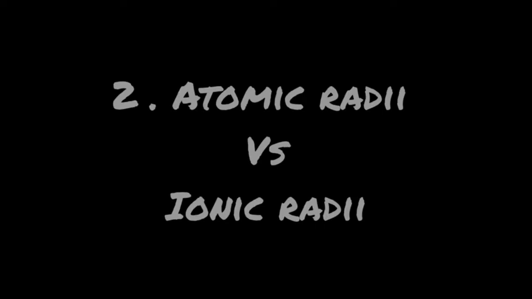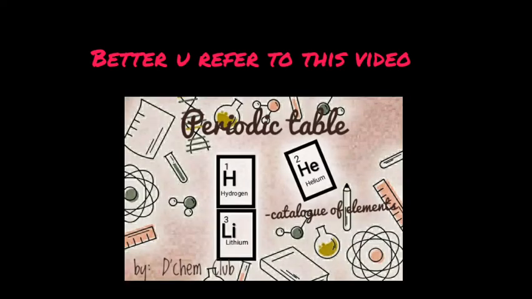Now, I have discussed atomic radius earlier in the previous video on the periodic table, but here I am going to discuss the difference when it is an atom and when it changes to ions. Okay, then what happens to the radius?